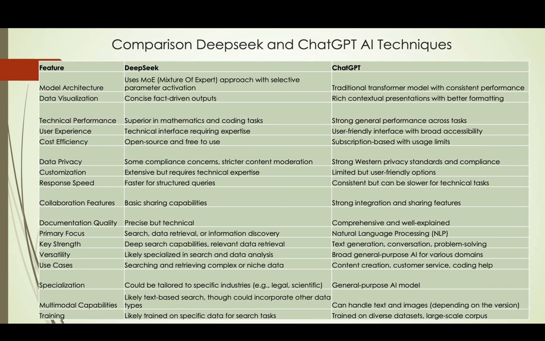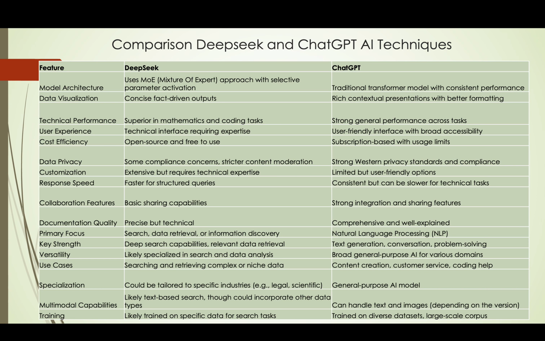So already we have seen some of the things in detail. Now I would be discussing the primary focus: DeepSeek is search, data retrieval or information discovery, and ChatGPT is natural language processing (NLP).